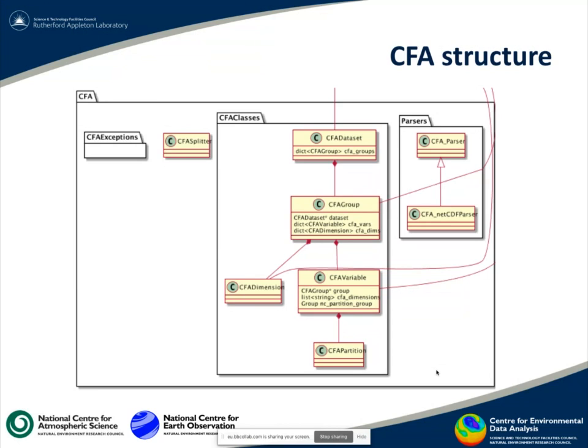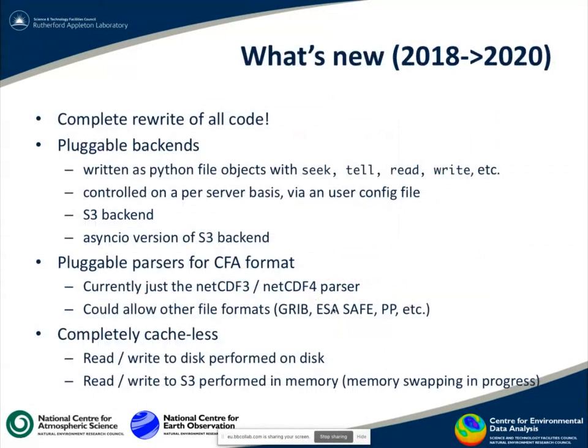By default there's a root group, so if you have a NetCDF file with dimensions not in a group, then that will be in the root group in the CFA data set. And then the groups also have variables, and each variable has some partition, and that partition is what contains the information for the subarray files. There will be this represented as a group nowadays. I'll talk about that in a minute.